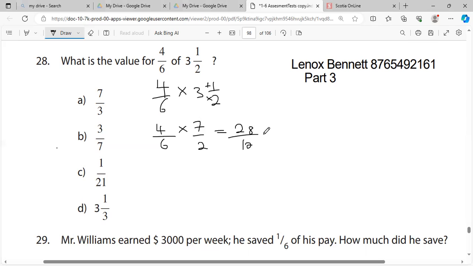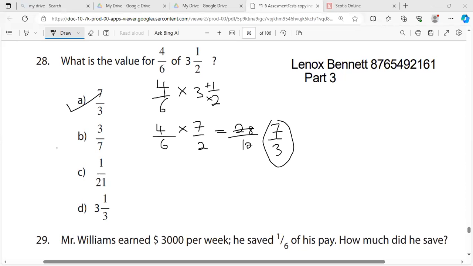So we can further break this down. We could use 4: into 28 goes 7 times, and 4 into 12 goes 3 times. So that would be 7/3.